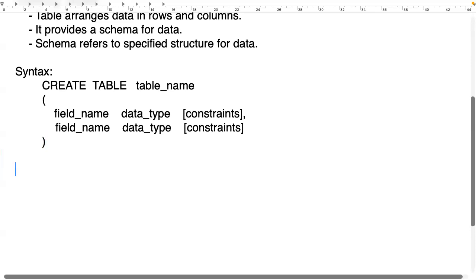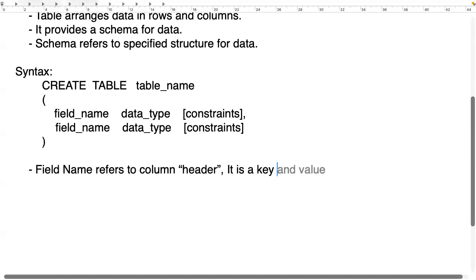Field name refers to the column header. It is a key to access values in the table.